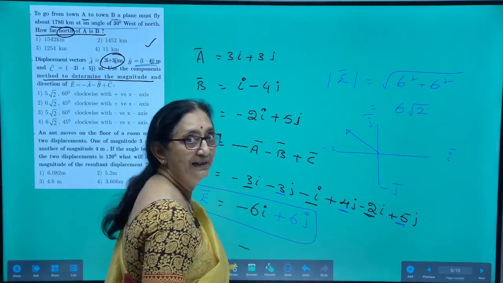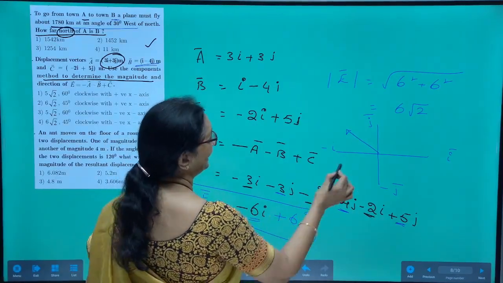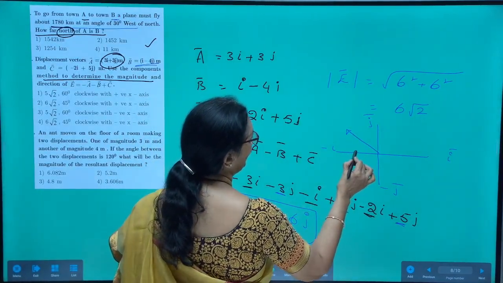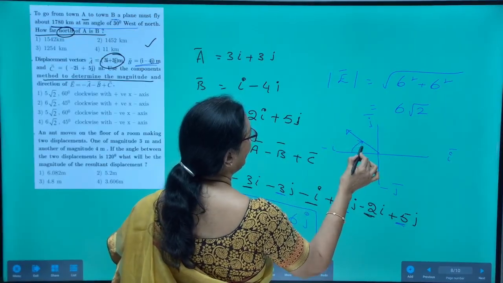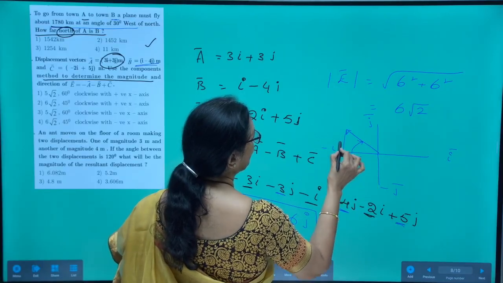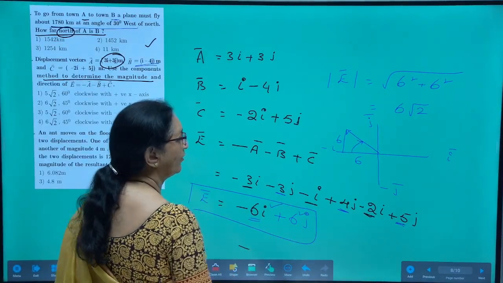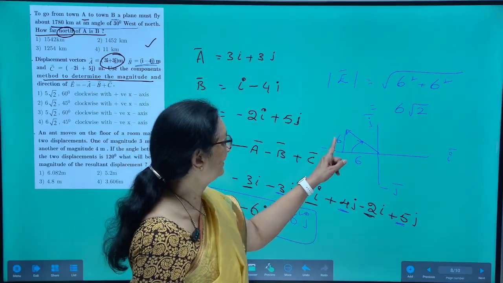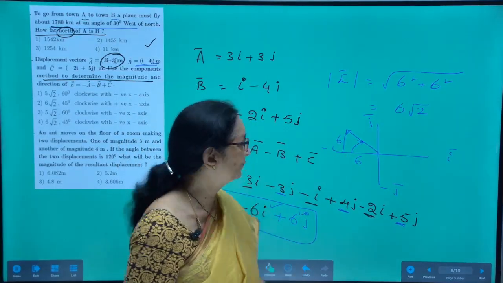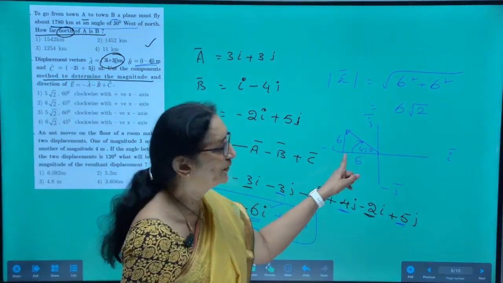It is in the second quadrant because the i component is minus 6. So this is the vector. It is making an angle 45 degrees because this is 6, this is also 6, isn't it? X component is 6, Y component is also 6. Tan inverse of AY by AX is equal to 1. So this angle becomes 45 degrees. So how do you read it?